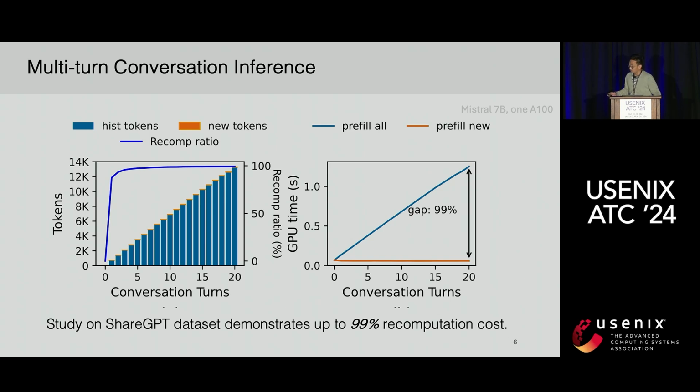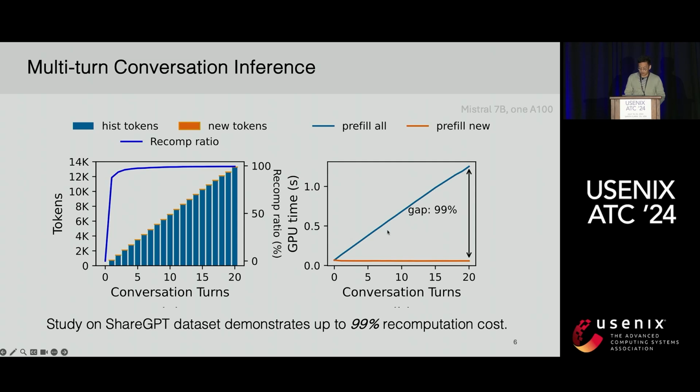We performed a study on the ShareGPT dataset. As we can see in the left figure, as the conversation continues, almost most of the tokens used for the prefilling are the chat history, and only very few tokens are from the new input.